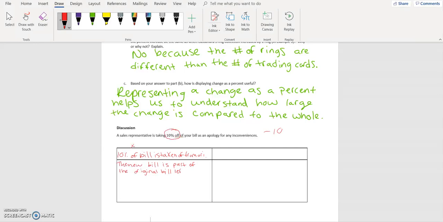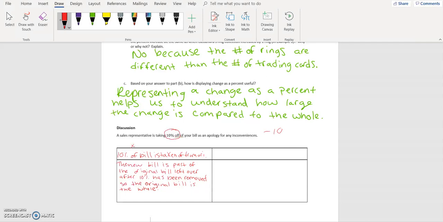It's what's left over after 10% has been removed. So the original bill is the whole.